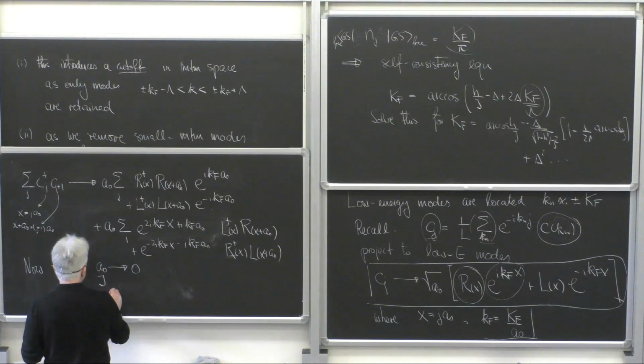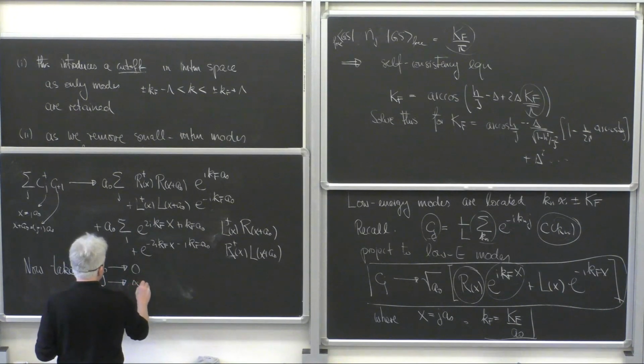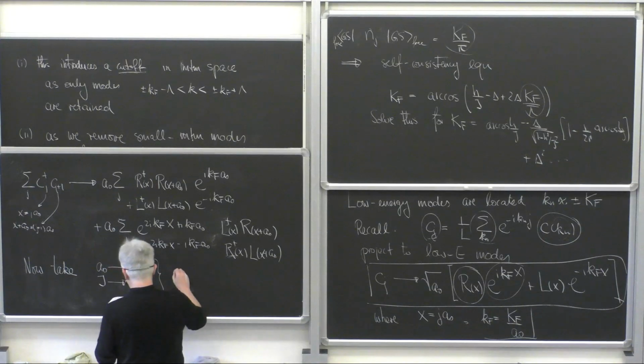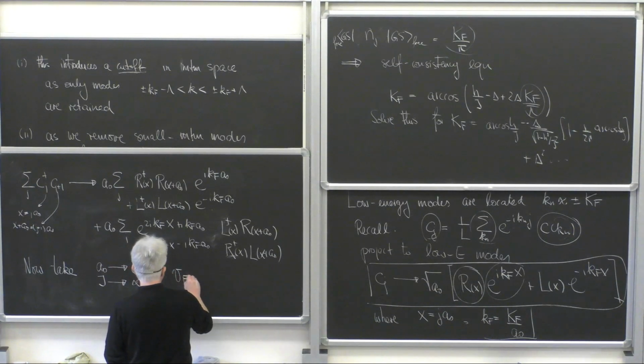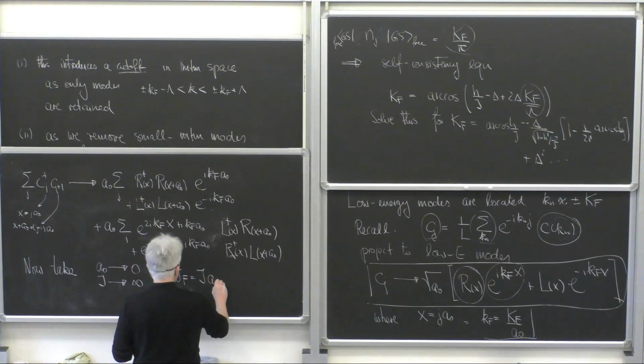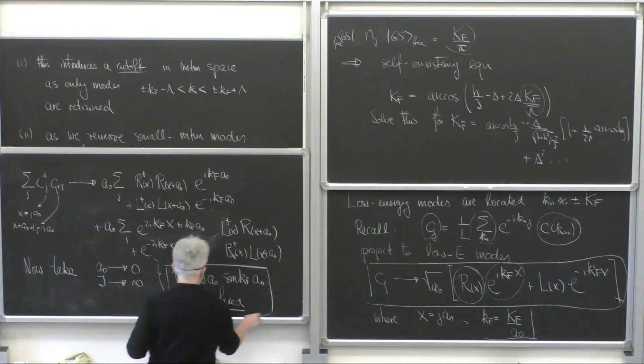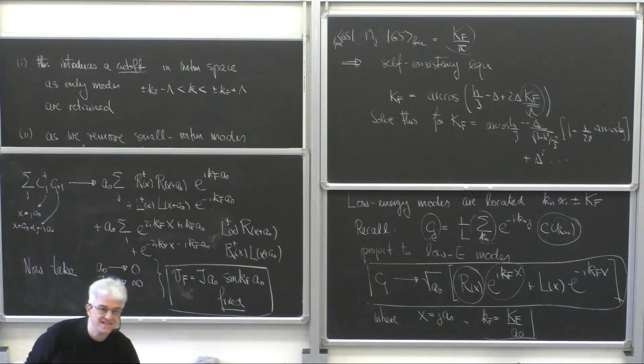But then we also take the limit of J going to infinity, where J is the exchange constant in the Hamiltonian, and we keep the Fermi velocity, which is J a₀ sin(k_F a₀), fixed. That is the precise definition of the scaling limit.